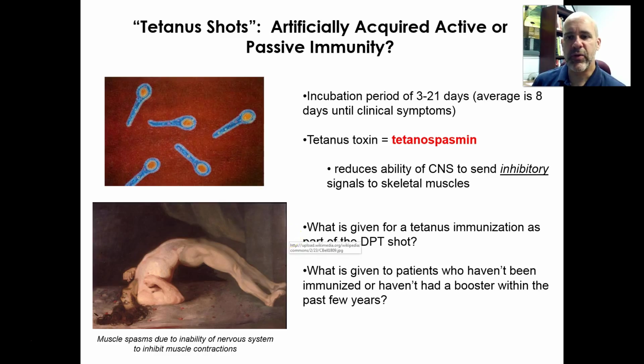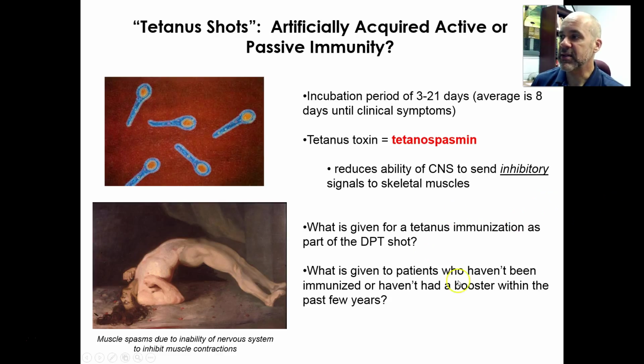But let's say you do step on a rusty nail and you don't get it checked out, and you start experiencing symptoms of lockjaw. So this is a different story. In that case, this tetanospasmin toxin is already circulating throughout your body and is probably increasing in concentration, and that's an emergency situation.